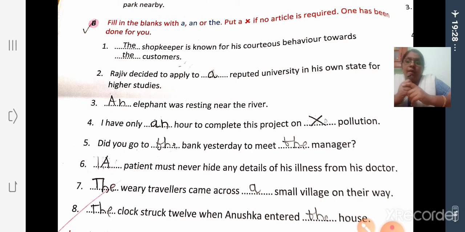The weary travelers, it is about a particular group of travelers. Weary means tired. Then, the clock struck 12 when Anushka entered the house. Okay, the clock, the house.